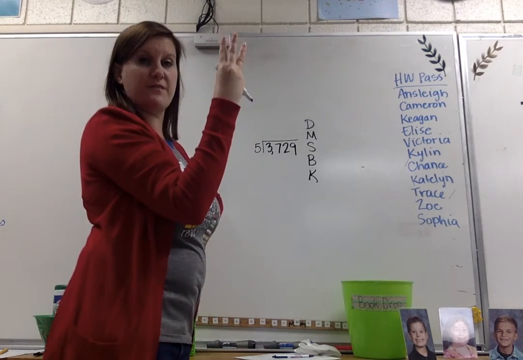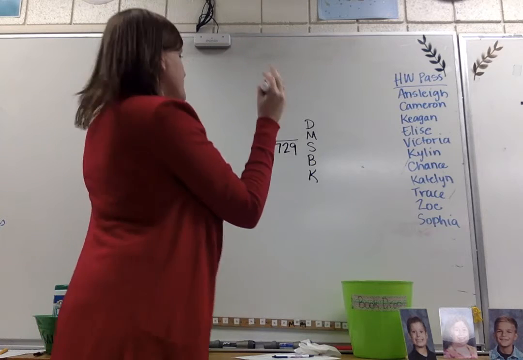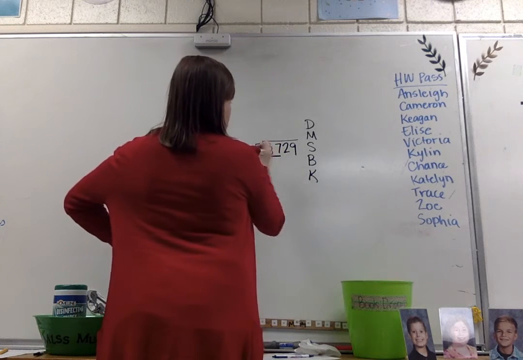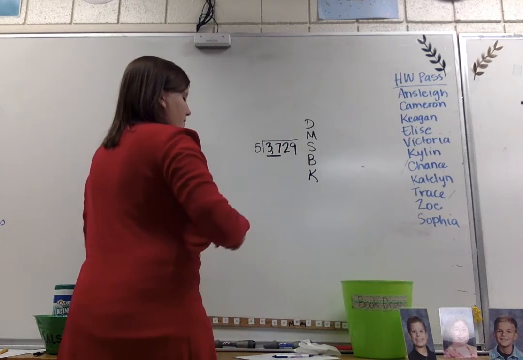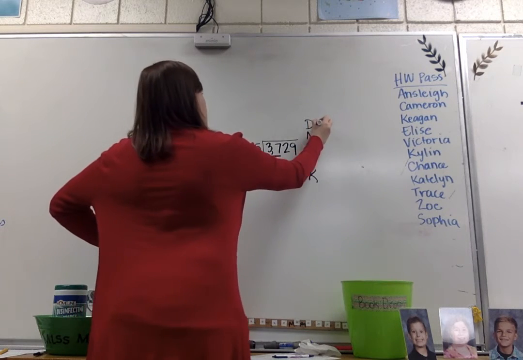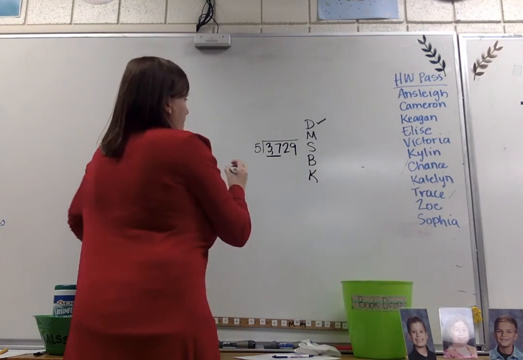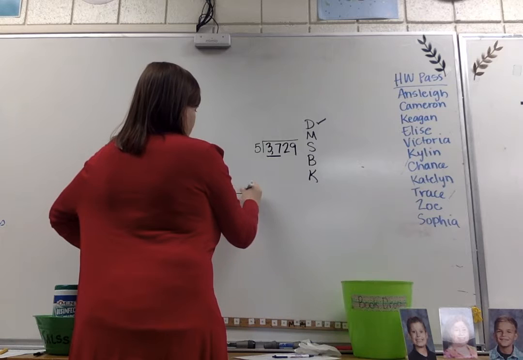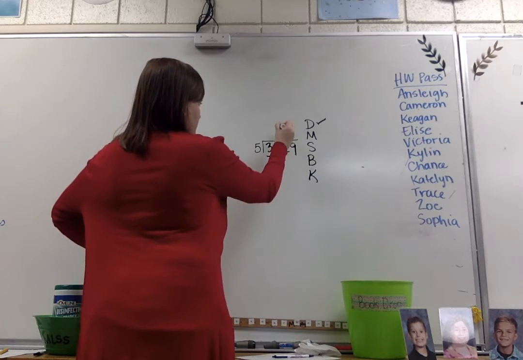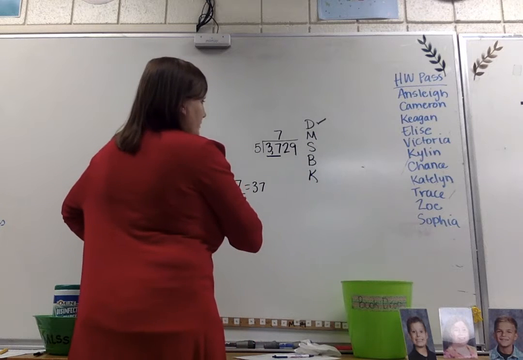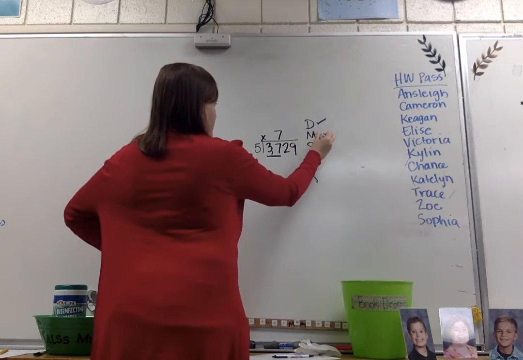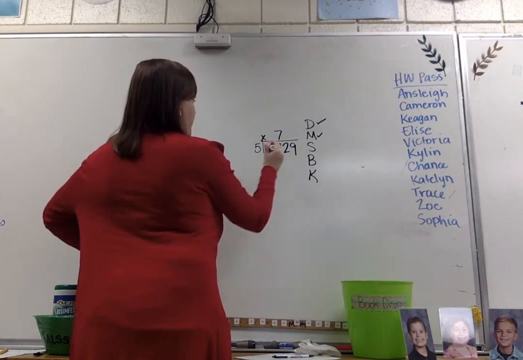If I have 3 cookies, 5 kids, it will not do that. So I'm going to have to add that second digit there to make it able to divide. So 5 will divide into 37 about 7 times. Multiply 5 times 7 is going to equal 35.